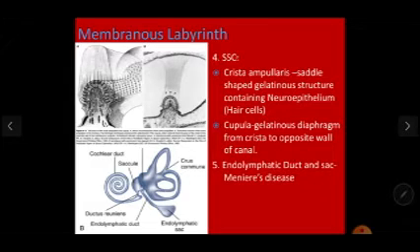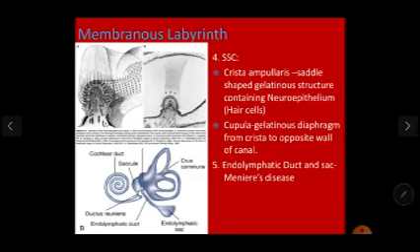Similarly, you have the semicircular canals. In the semicircular canals also there are sensory hair cells, and here the sensory hair cells are present in the crista ampullaris, in the ampullated end. Here there is a gelatinous structure, and the hair cells will be here. They will also have this cupula.